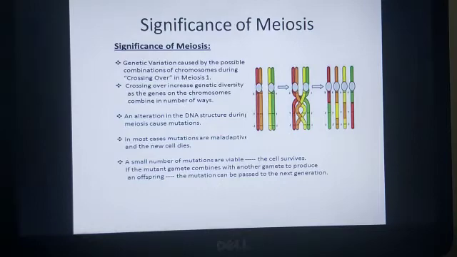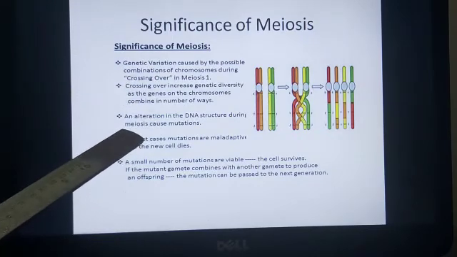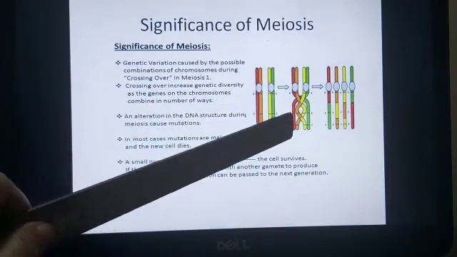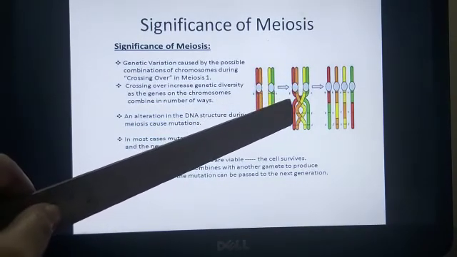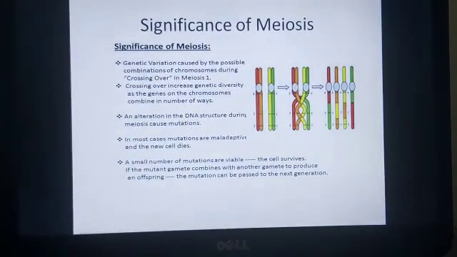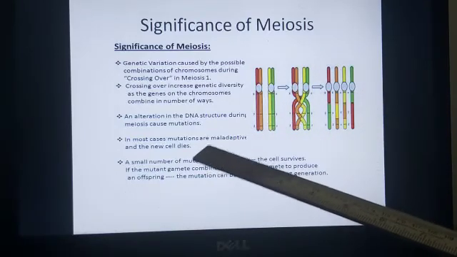Okay, and then if any problem happens during the meiosis, it leads to genetic mutations. So if the crossing over is not proper, or the distribution has not taken place, or maybe if one part is missing or anything happens, that will lead to genetic mutations. If this mutation is severe, the cell dies.